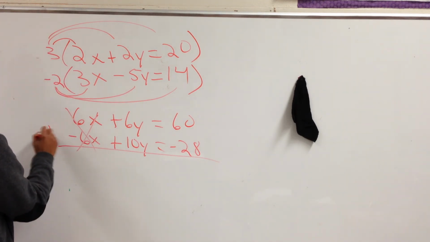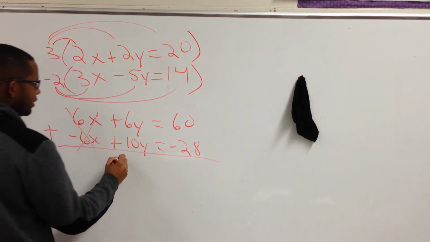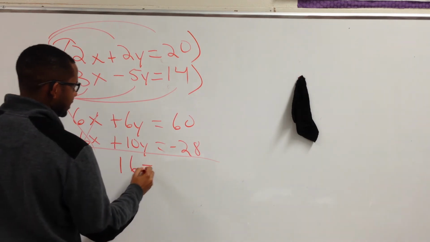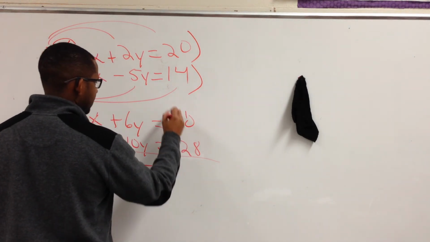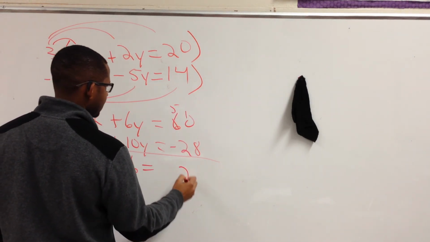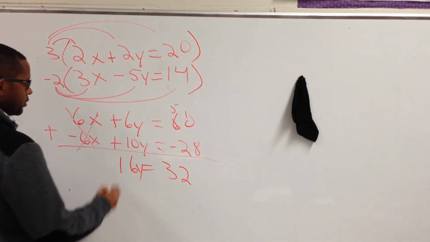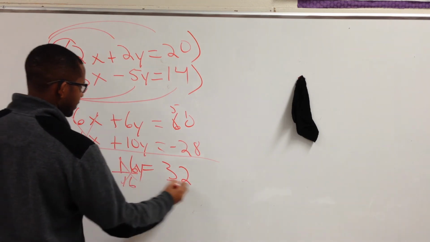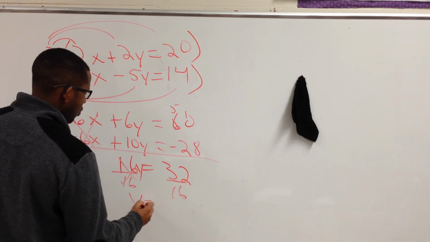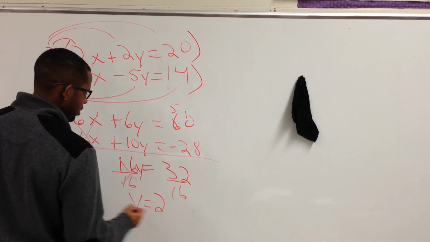These cancel when I add them, which is what I want. This ends up being 16y. 60 minus 28 is 32. 16y equals 32. Divide by 16, divide by 16. Y equals 2.